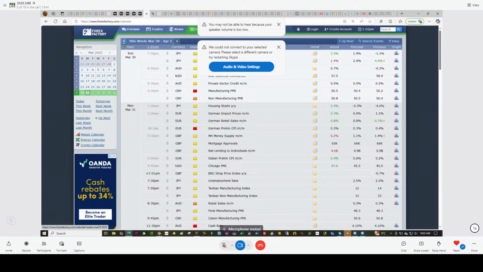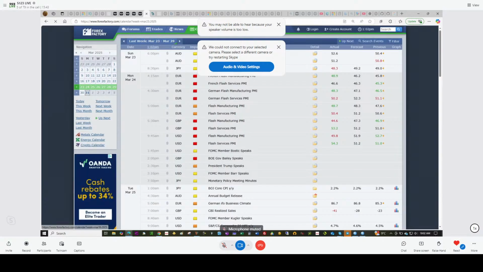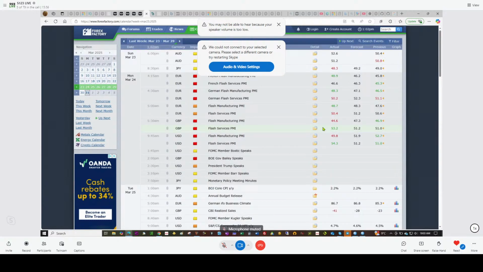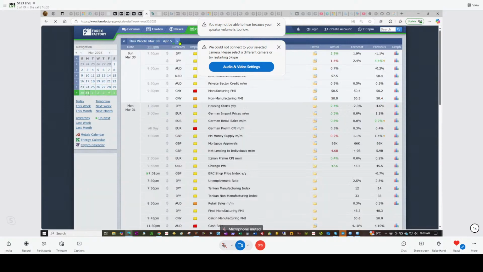Okay, let's go back. Filter by day. Okay. Today, default today. Okay, it's not changing it. The calendar, you can just click the day that you want, or click just today, or whatever. Yeah, it's not letting me do it here.